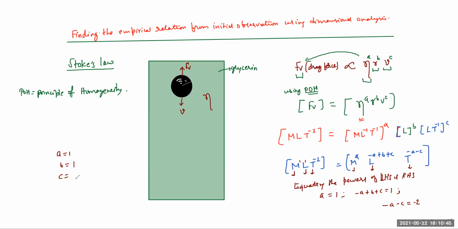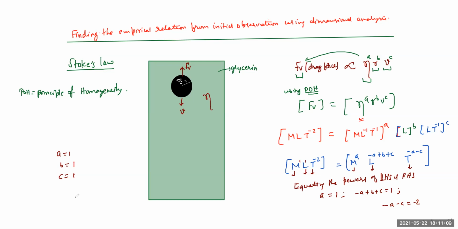But we are assuming a, b, and c to be the powers. Yeah, because I had no idea what proportion I should choose, so I chose some random variables. So I just said a, b, c. I could have said x, y, z. It depends on you what variable you want to choose. Conventionally, a, b, c is the very famous thing that we use in the world of dimensions.